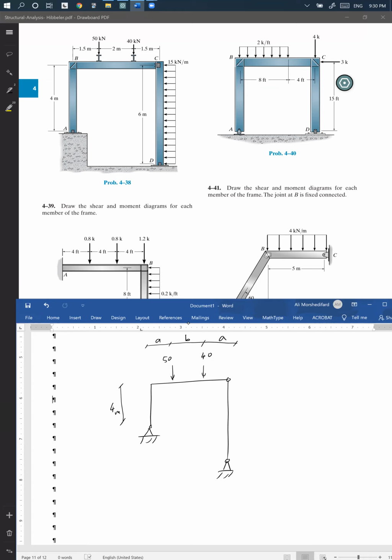But what you can do is solve it parametrically. I think that would be simpler, so your intermediate calculations do not have to go through the numbers. You can solve it parametrically and at the end substitute. That's what I'm going to do.